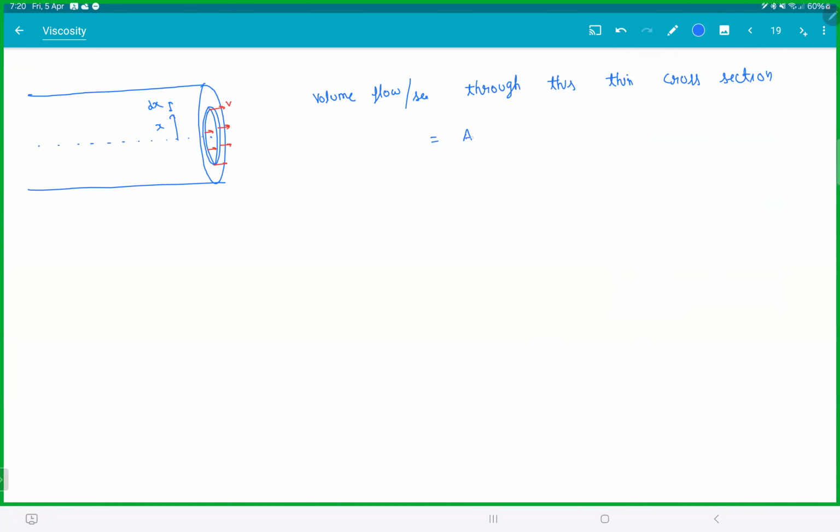Area into velocity, which is 2 pi x into dx into v. V is this guy, delta p by 4 eta L into r square minus x square. This was liquid coming out every second through dx thickness.